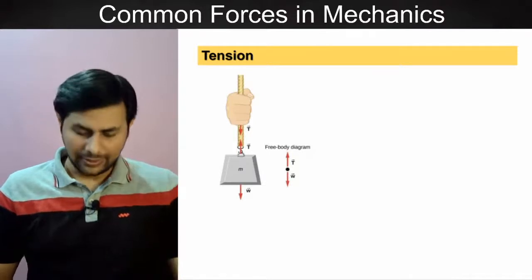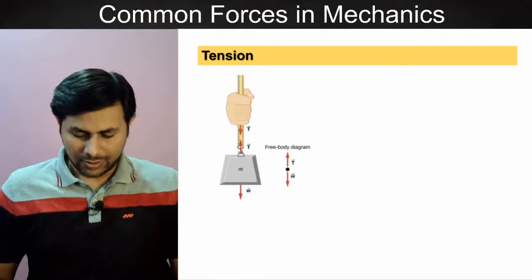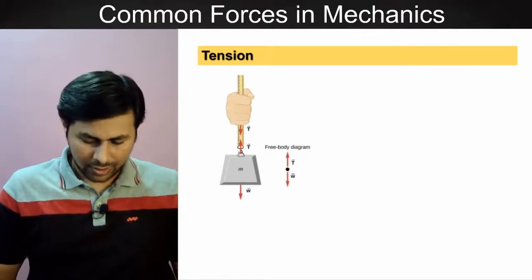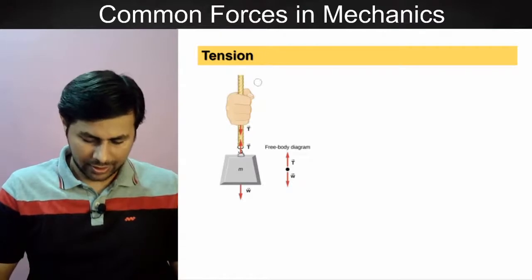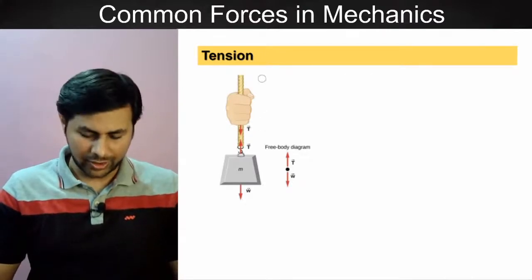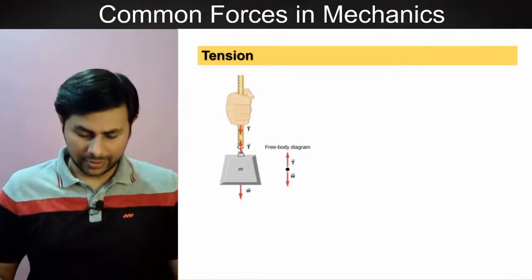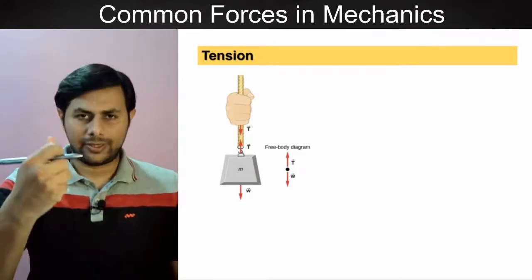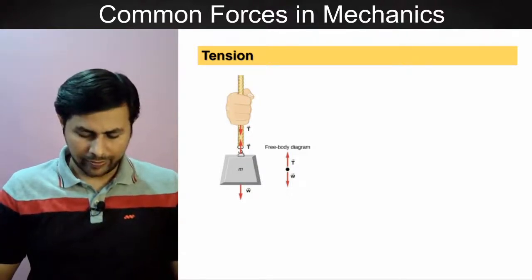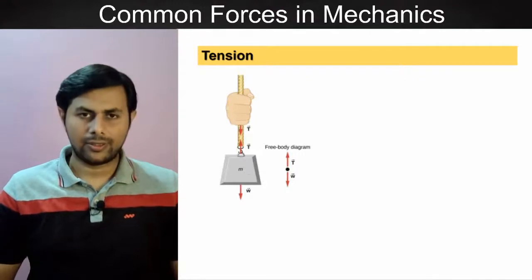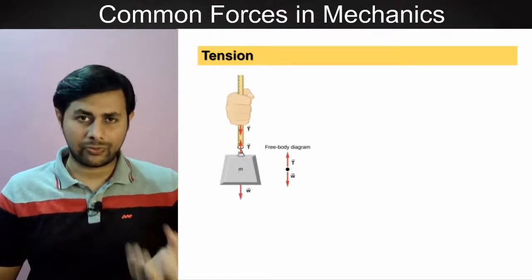So now let's look at the tension in the string. If we have a string or a rope as shown here, and we hook a mass like this and hold it in our hand, this mass feels the gravitational force, which acts downwards.